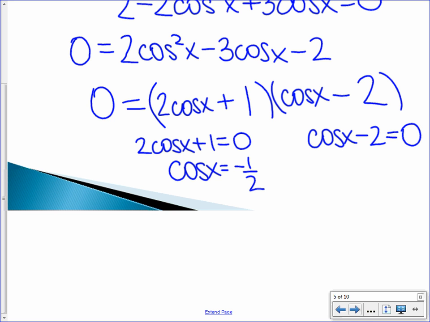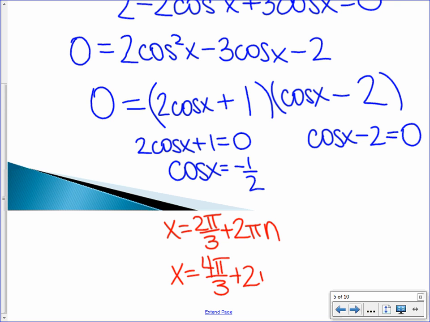Grant, give me one place where the cosine is negative 1/2. 2 pi over 3. So we're going to write 2 pi over 3 plus, it keeps repeating, our period of cosine is 2 pi n. Josie, give me another place where the cosine is negative 1/2. 4 pi over 3. So we're going to write 4 pi over 3 plus 2 pi n.